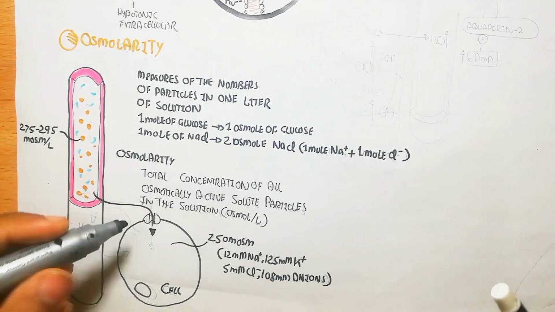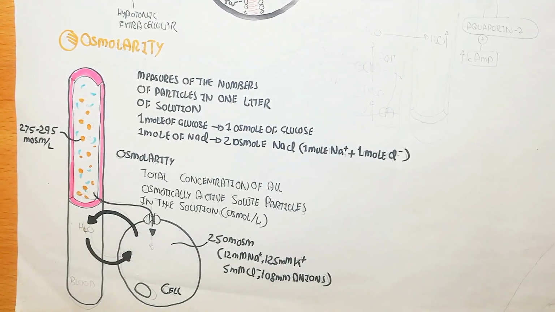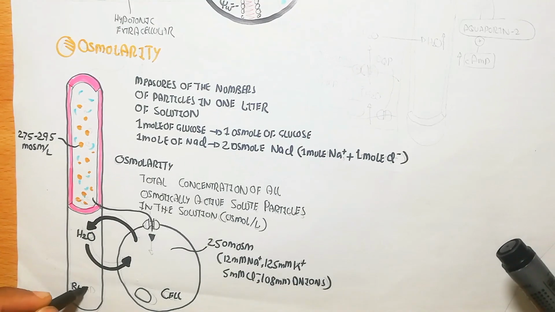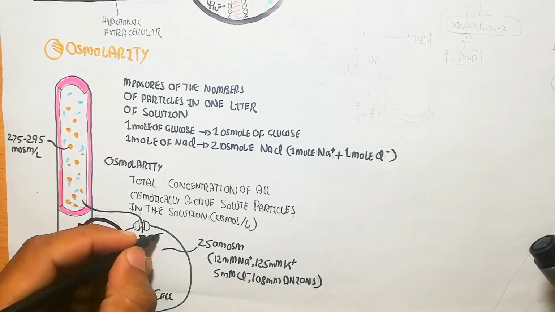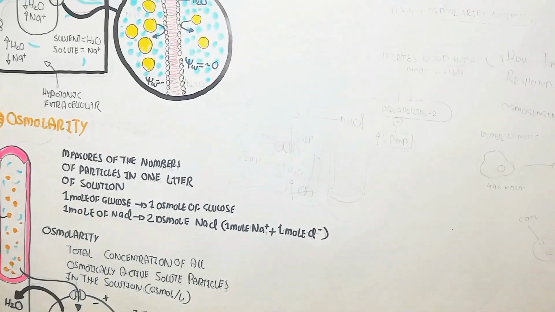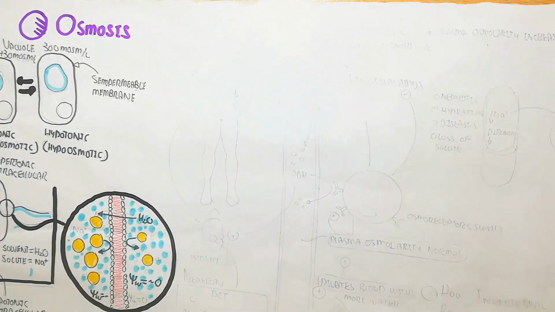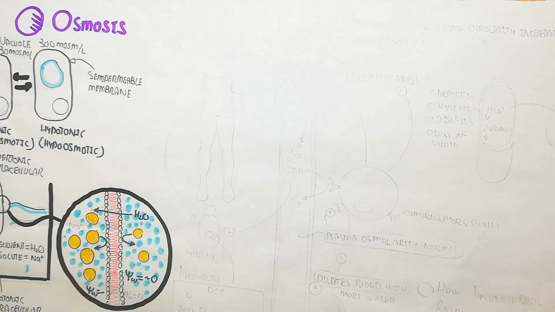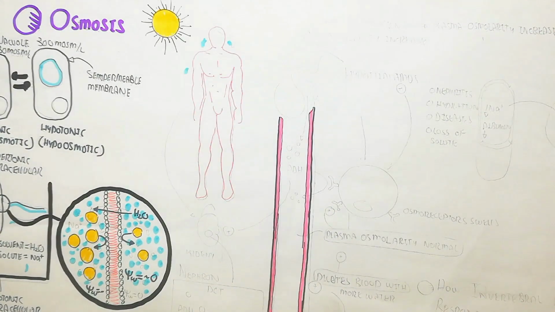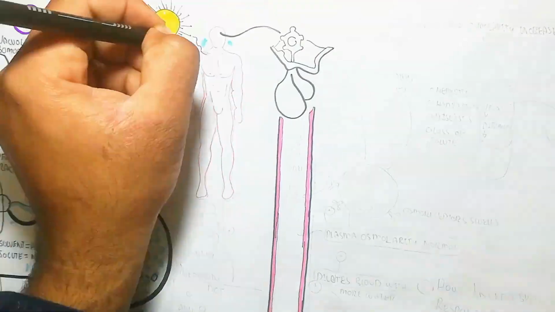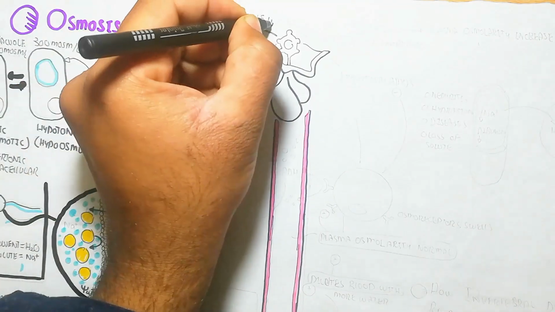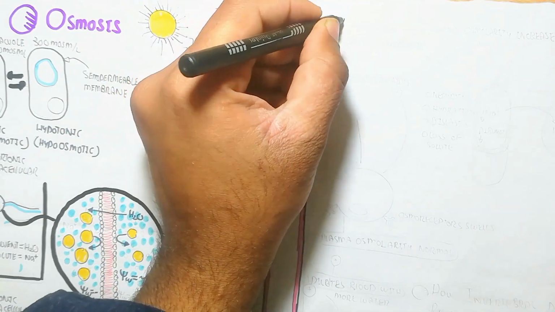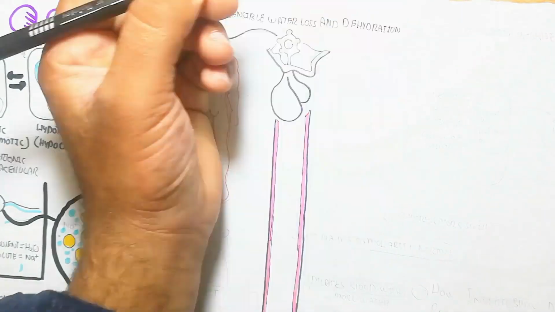In this way, with less concentration in the cell, the water will not move, but sodium and potassium will move, or the water will be excreted into the blood from the cell. So homeostasis is important, and the normal concentration is required in the blood and the cell. If disturbed, it will cause problems.